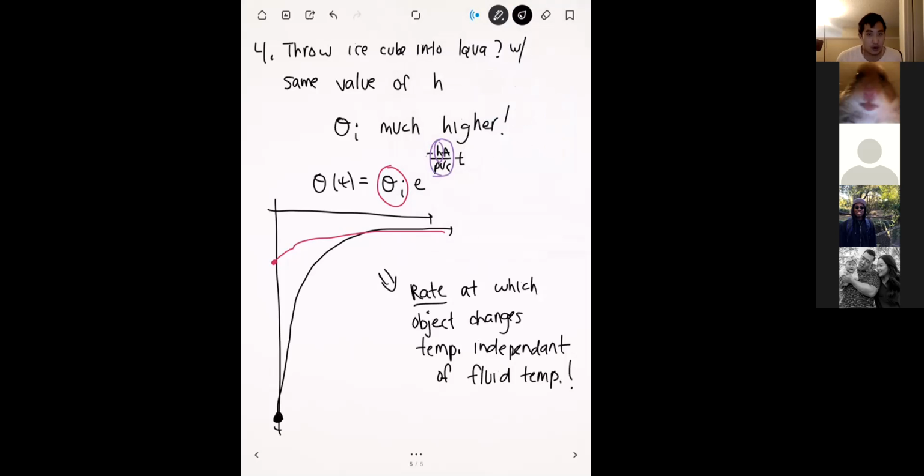All right, so let's talk about the validity of this lumped capacitance method. So far we've analyzed time-dependent situations with this seemingly simple ordinary differential equation, but a fair question to ask is how valid is this, and when can we actually apply it?